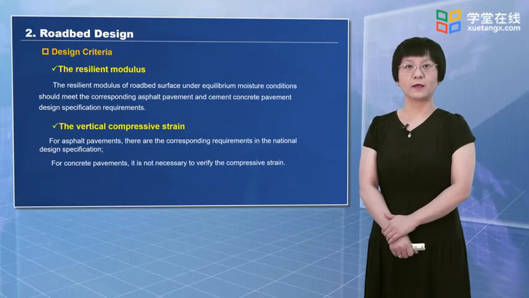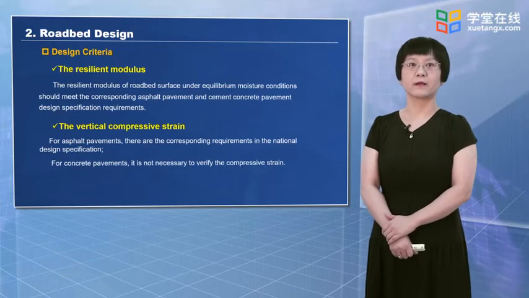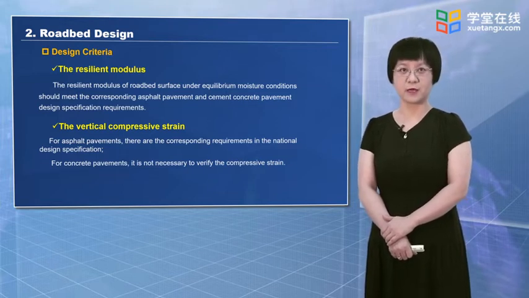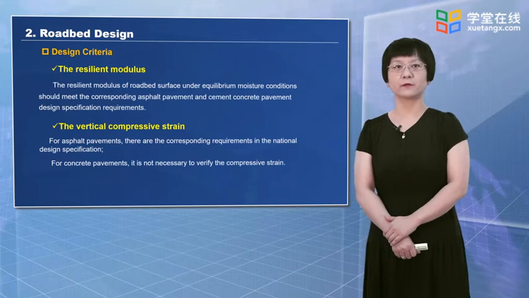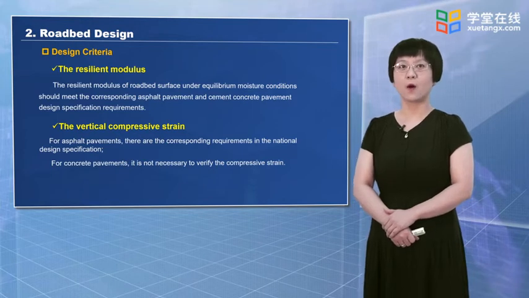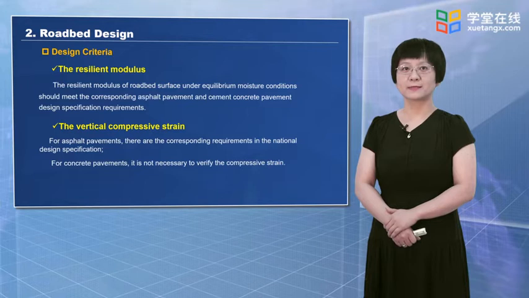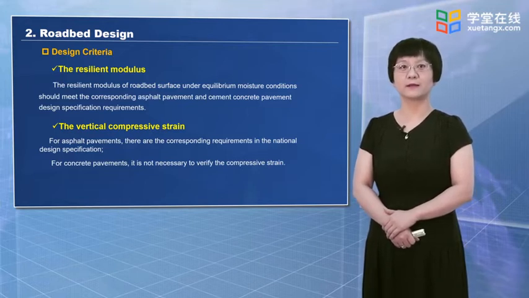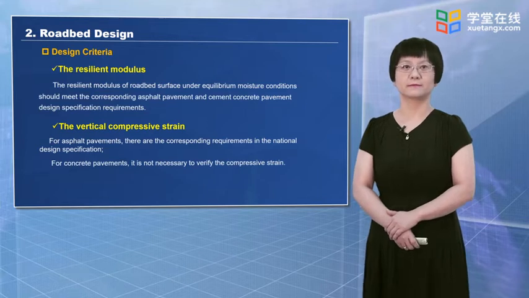The vertical compressive strain on the roadbed structure for asphalt pavements should meet the asphalt pavement permanent deformation control requirements, whereas the vertical compressive strain on the roadbed surface requirement is not necessary for cement concrete pavement.